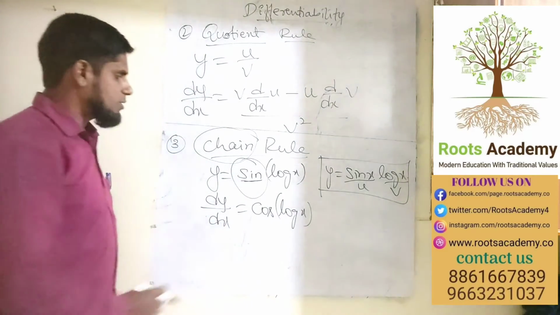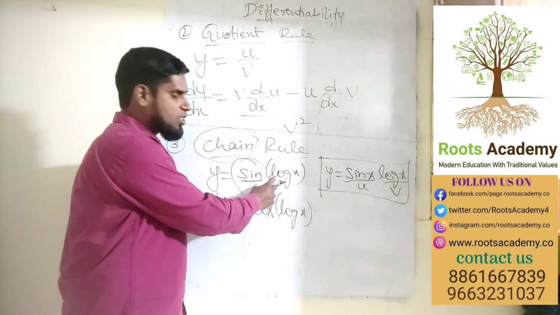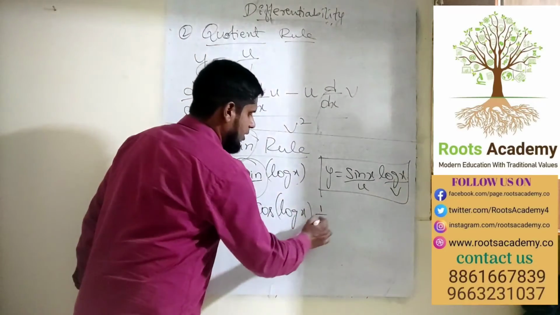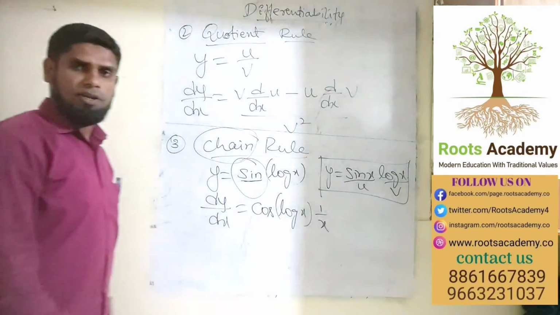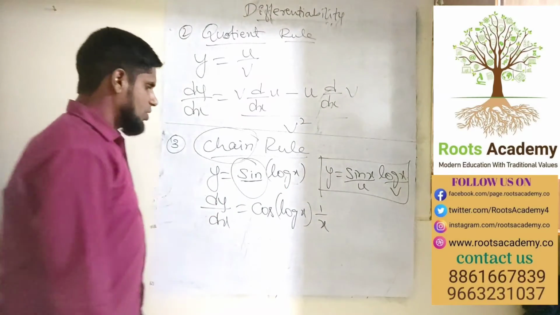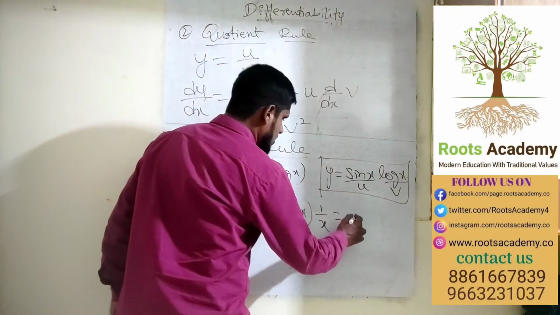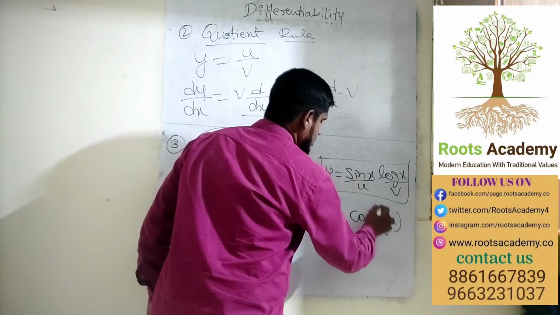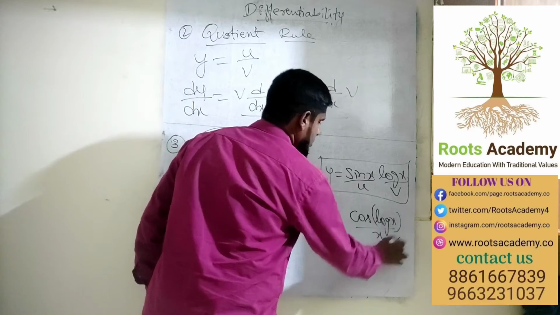Then after that, what is the next smaller function? Log x. What is its derivative? 1 by x. Continuously we should differentiate here. No addition, subtraction. So what is the final answer? It is cos of log x divided by x is the final answer.